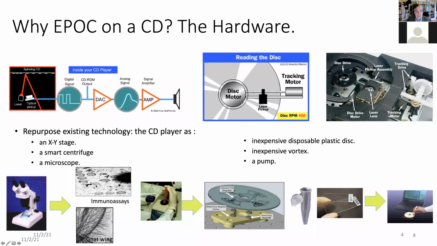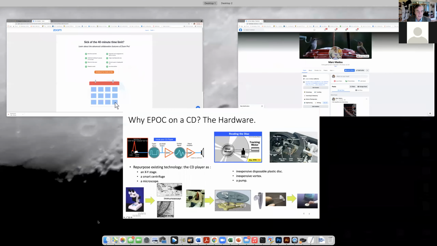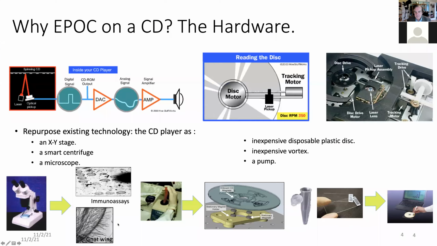And in this case, actually, we are imaging an immunoassay where each of these dots is a protein spot. And you can also visualize it just like you visualize this wing here. This shows the microscopy with it.